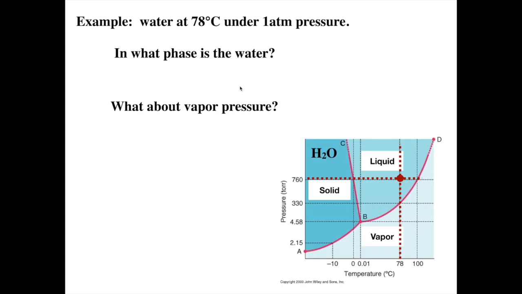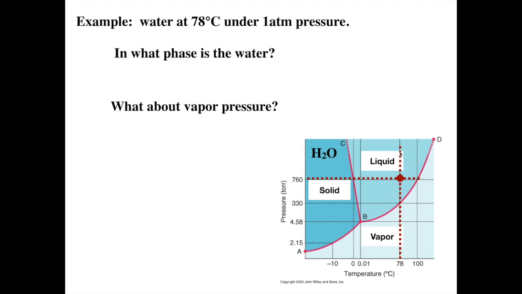Okay, so let's take a look at this phase diagram of water and ask a couple questions to consider these two applications of the y-axis. So what phase is water when we are at 78 degrees Celsius under 1 atmosphere of pressure?